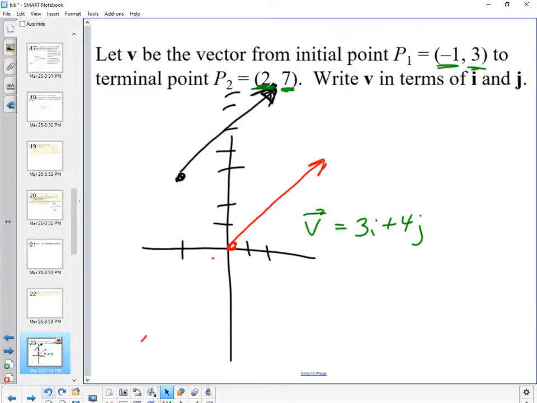You could put it if you wanted to, saying this is my terminal side. You can do that if you want. That's up to you. But make sure that you do put the arrow so you know which way your vector's going. Because this vector is not equivalent to the other vector, correct? If you want that, you can.